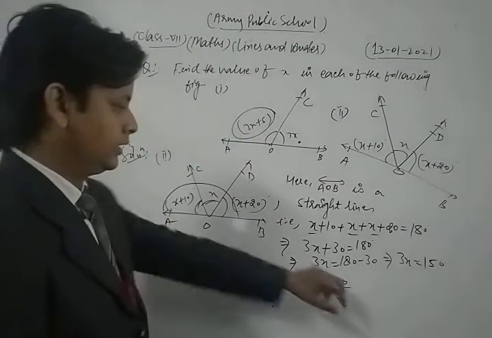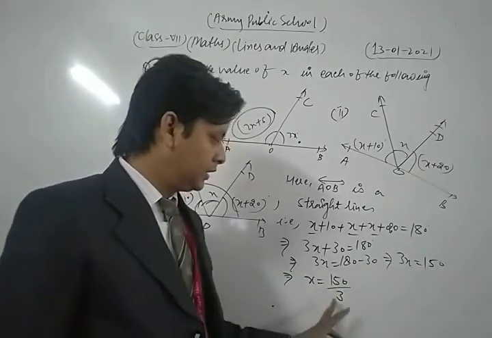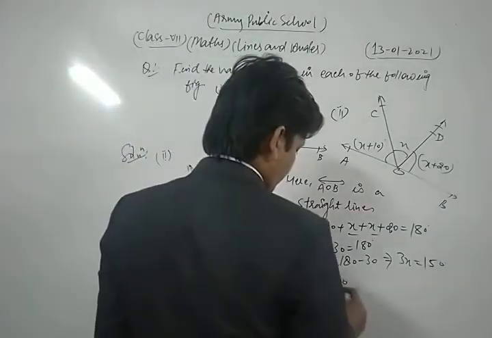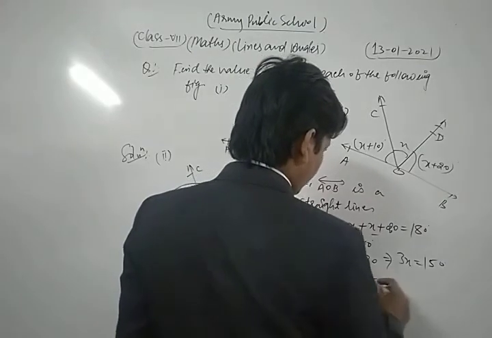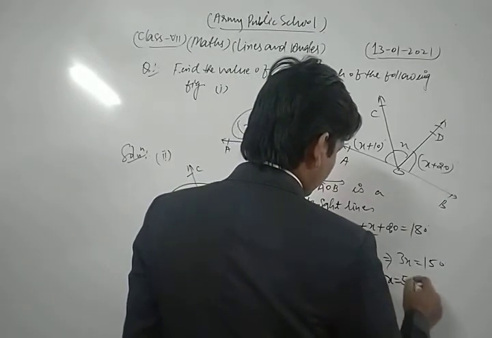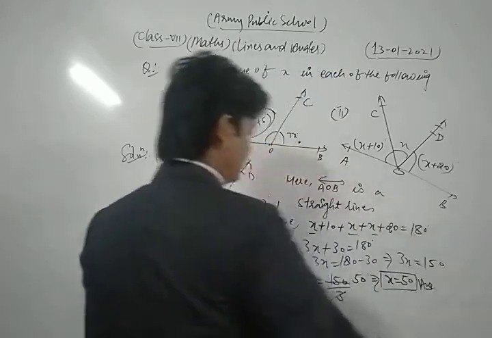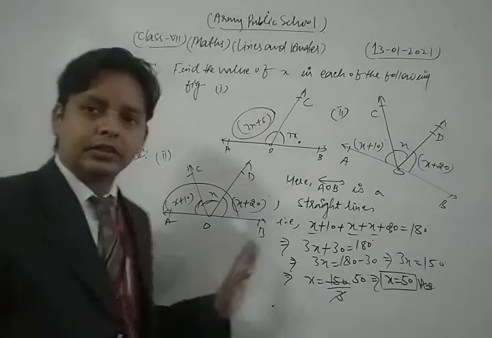Okay, this is 150 divided by 3. So we get 3 5s are 15 and 0. So the value of x is 50 in that figure. So this is the next answer. This is the value of x for that figure.